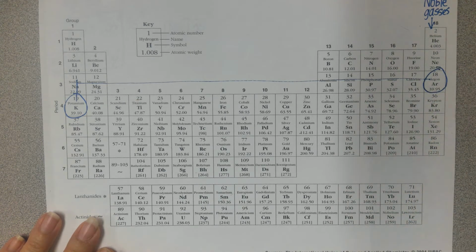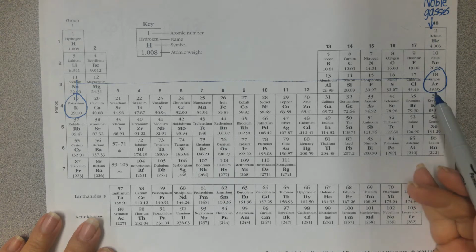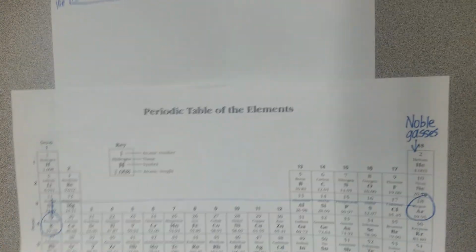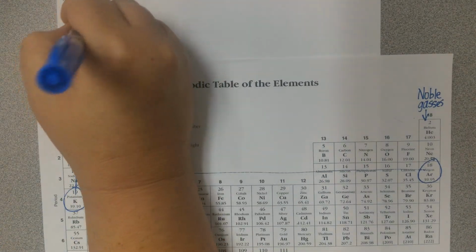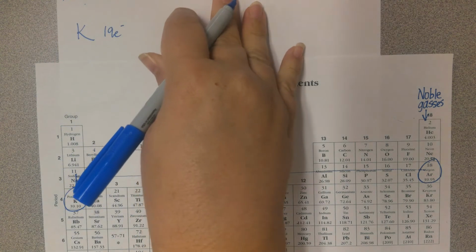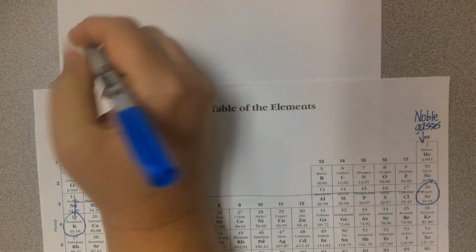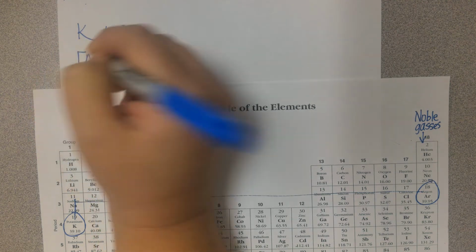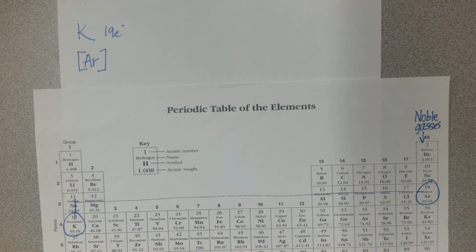And so for potassium, to do potassium shorthand configuration, we're going to use argon. And so that means then, if I'm going to do potassium with its 19 electrons, that I'm going to start by putting Ar, my noble gas symbol, in brackets.